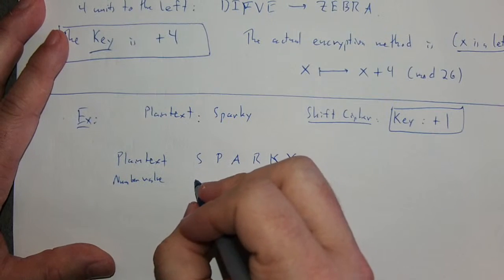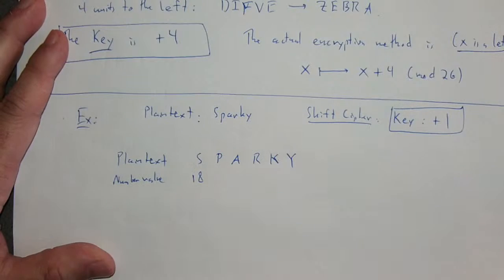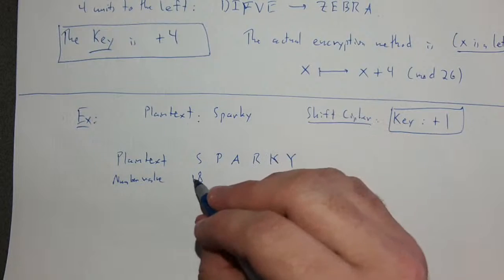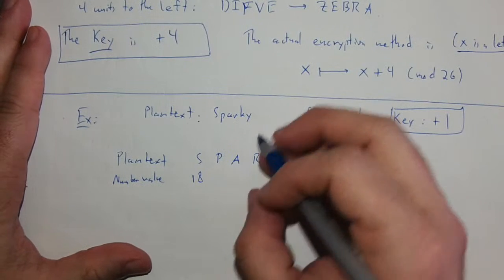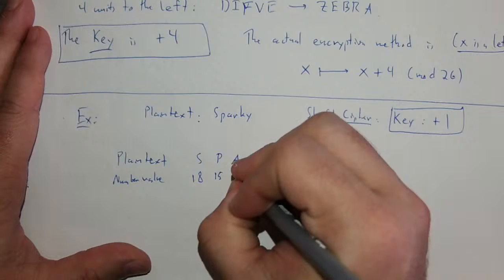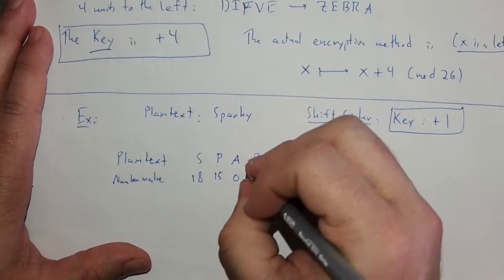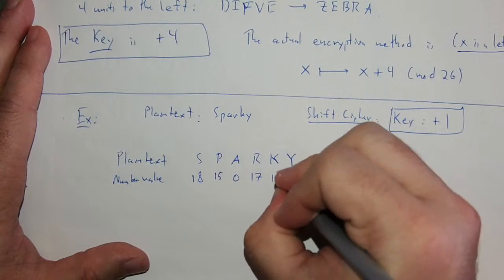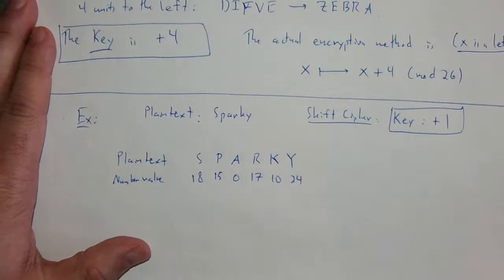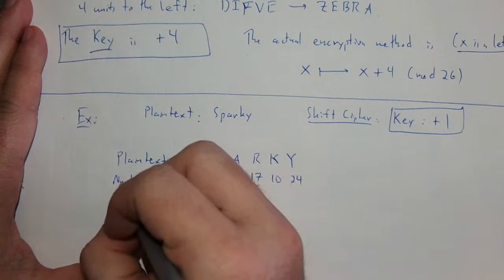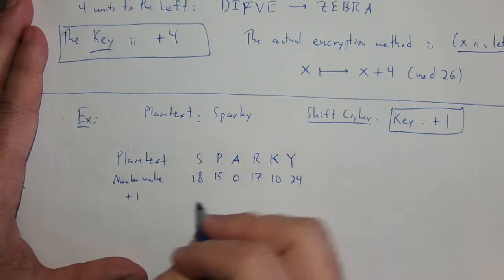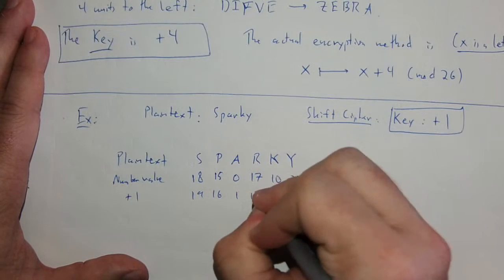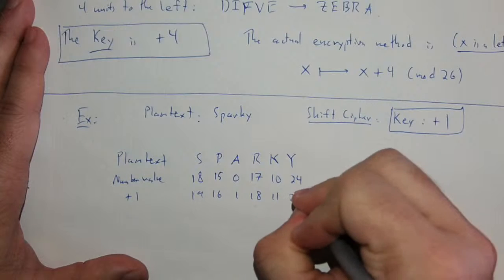Okay, so S is the 19th letter, so it's 18 if we're starting A at 0. P's numerical value is 15, A is 0, R is 17, K is 10, and Y is 24. Okay, so +1, this is easy enough, so this is just 19, 16, 1, 18, 11, and 25.